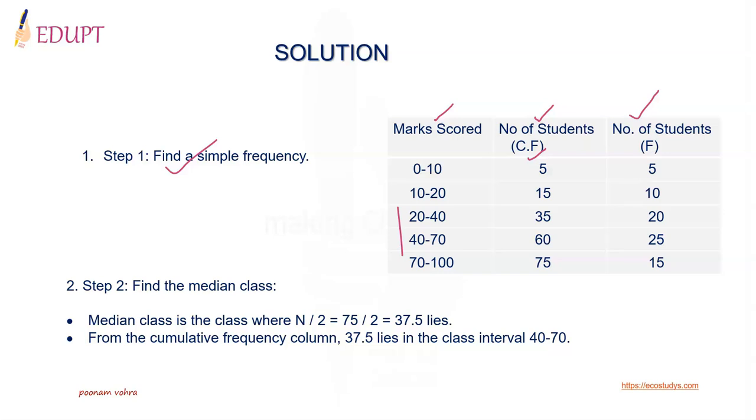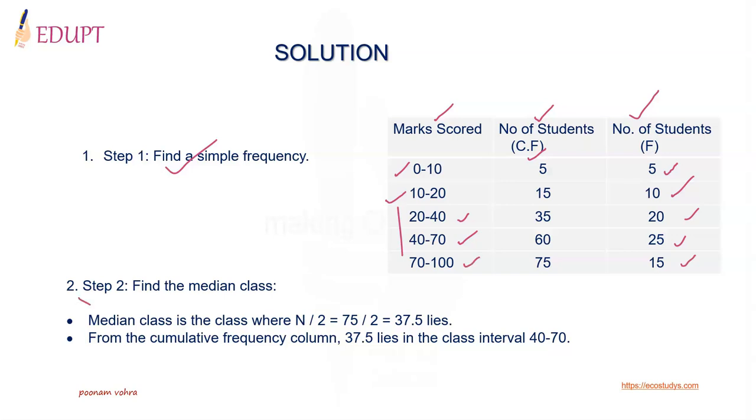And we find that simple frequency is 5 students scored between 0 to 10 marks, 10 students scored between 10 to 20 marks, 20 students scored between 20 to 40 marks, 25 students scored between 40 to 70 marks, and 15 students scored between 70 to 100 marks.